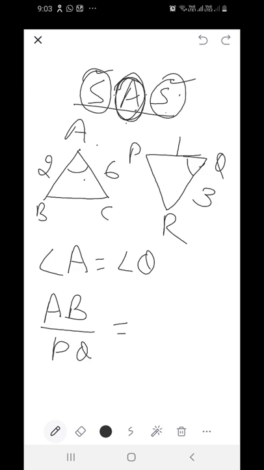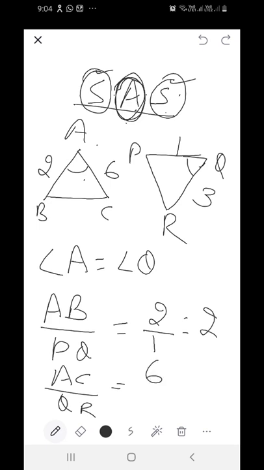How much will be AB upon PQ? 2 upon 1, that is 2. And what will be the ratio of the sides AC and QR? AC I have written as 6 centimeter, QR I have written as 3. 6 upon 3 also comes out to be 2.